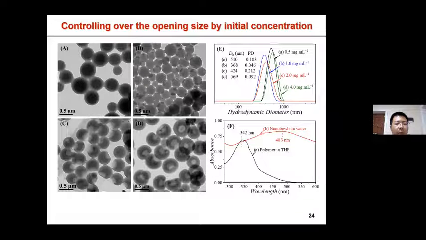At the very beginning, we prepared compound micelles and bowl-shaped nanoparticles with precisely controlled opening size by changing the initial concentrations, and studied the pi-pi interaction during self-assembly.